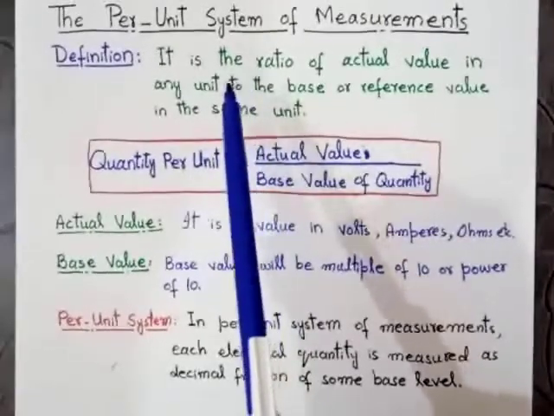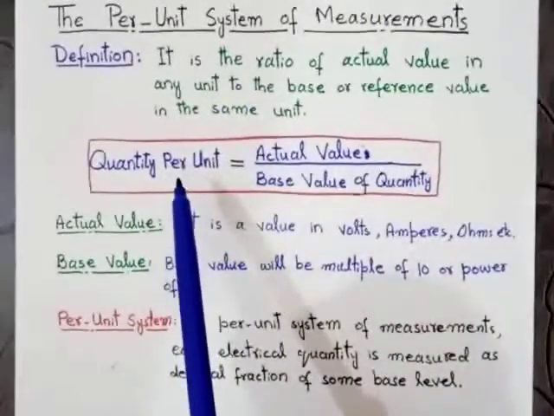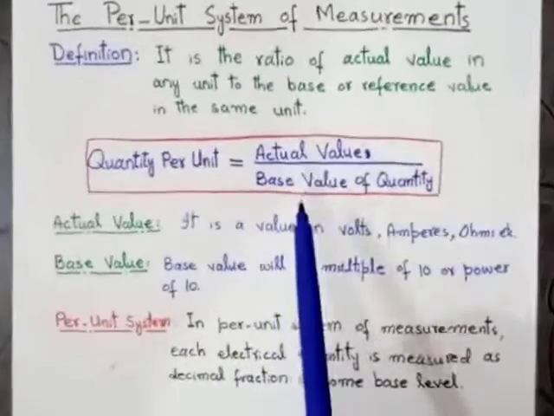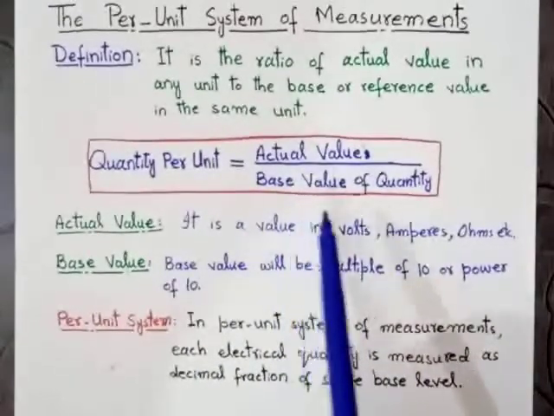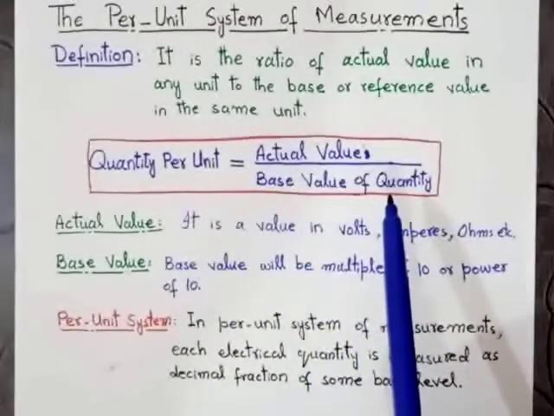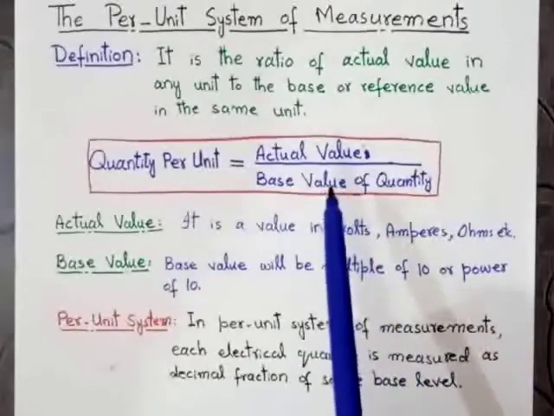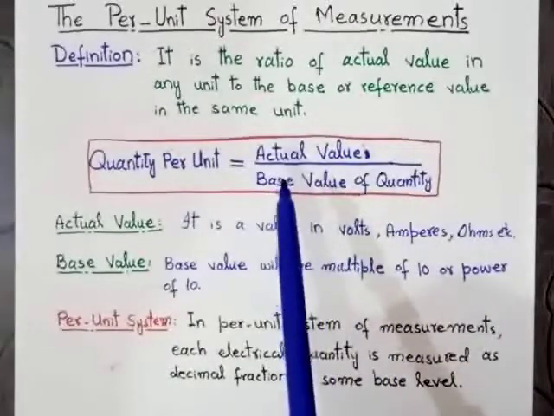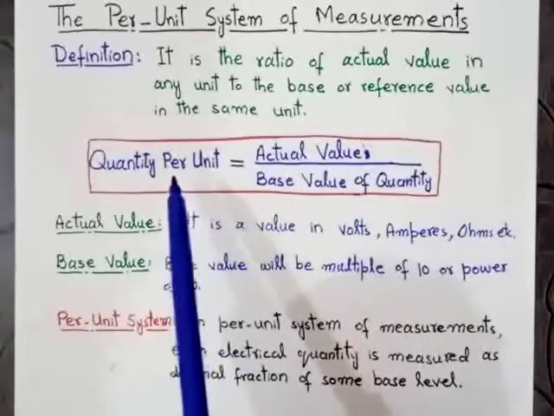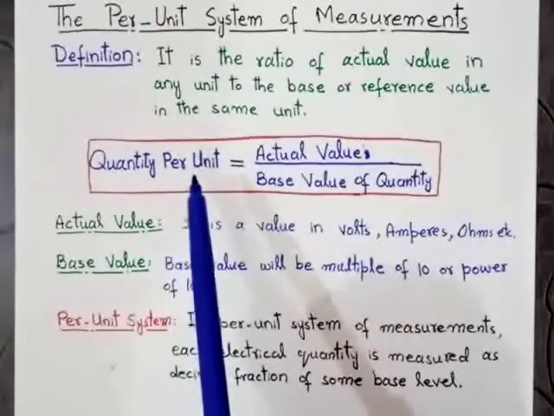So the formula of the per unit quantity is equal to the actual value divided by the base value of the quantity. By using this formula, we can find the per unit value.